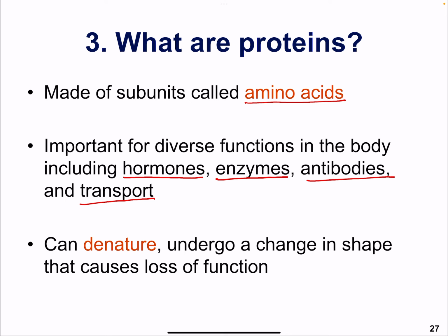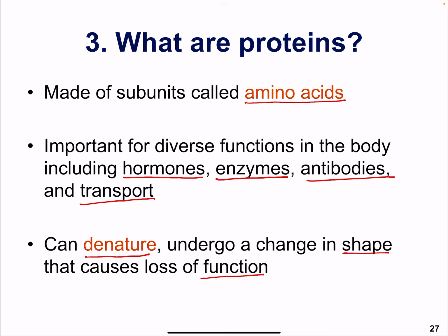We call this denaturation. Again, denaturation is the loss of shape, one, and function in a protein. That loss of shape and function in a protein can be caused by a drastic change in the temperature, a drastic change in the pH, or a drastic change in radiation in the environment.